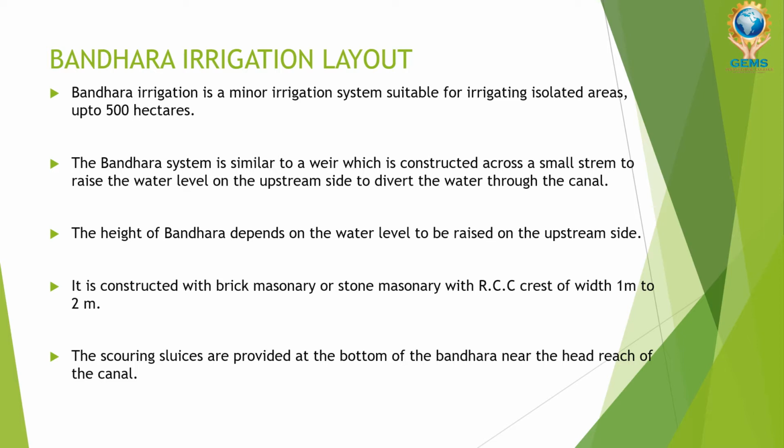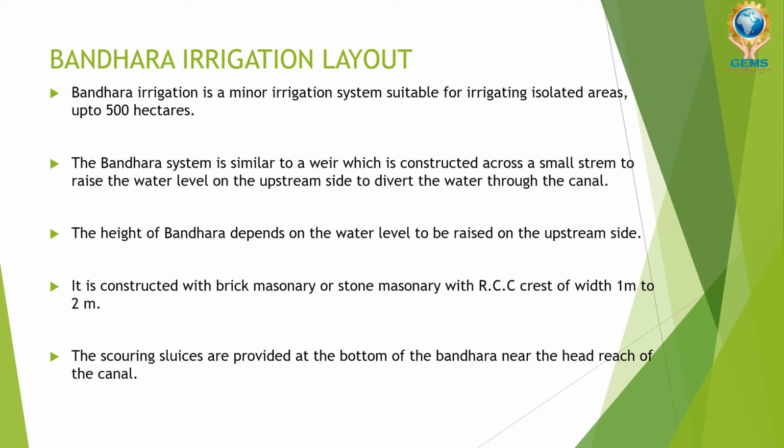Next, it is constructed with brick masonry or stone masonry with an RCC crest of width 1 meter to 2 meters. If you see the top portion, the width of the Bandra, it is constructed only with brick masonry or stone masonry. In previous ages, they constructed it with wood.